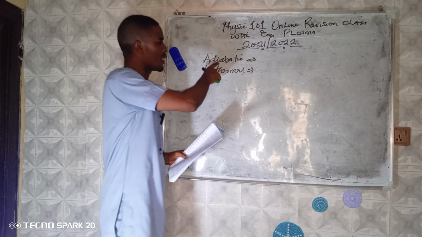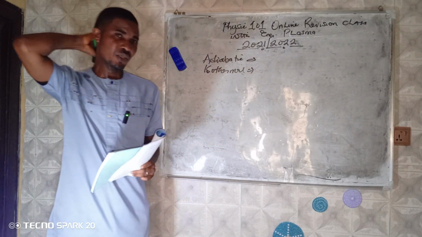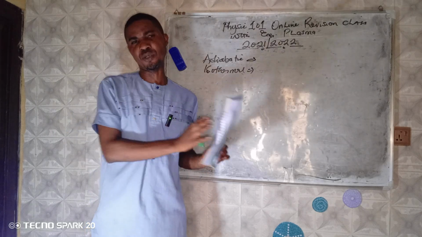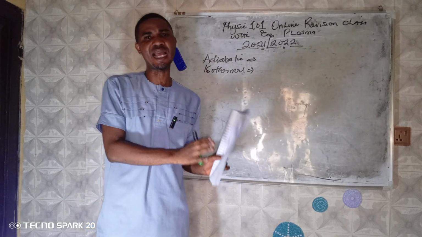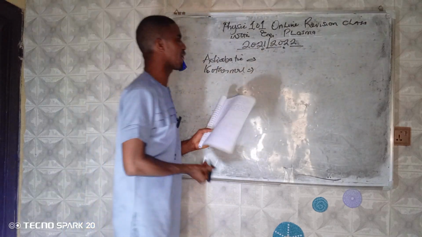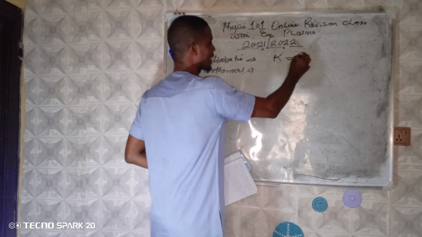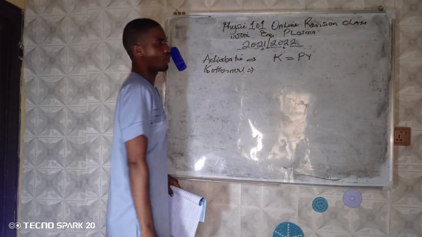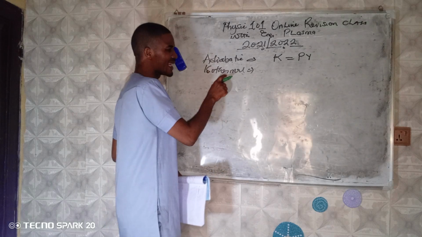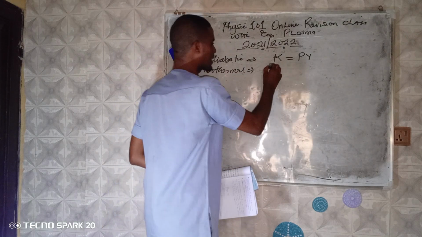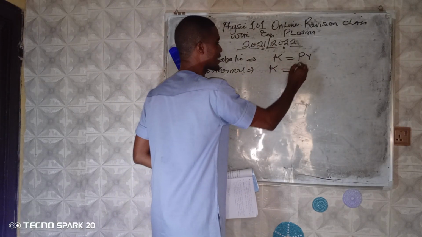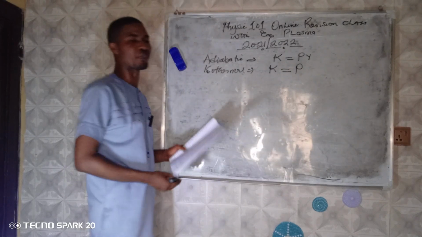Now, when we talked about the adiabatic system, we saw the adiabatic bulk modulus and its relationship with adiabatic pressure. We said that for an adiabatic system, adiabatic bulk modulus K is equal to adiabatic pressure times Y. But in an isothermal system, isothermal bulk modulus is equal to isothermal pressure.